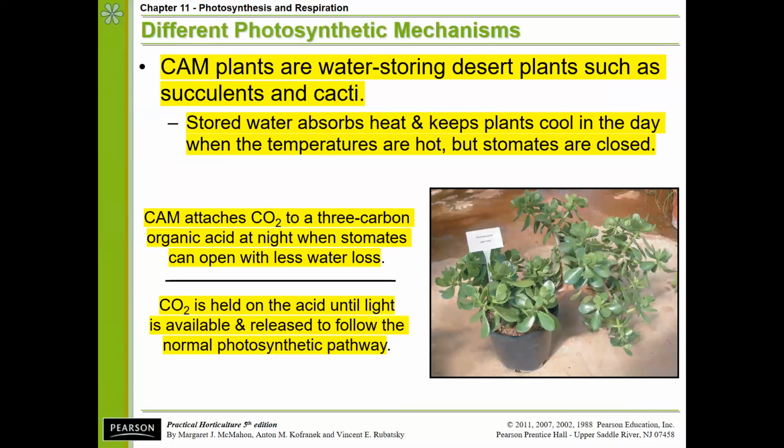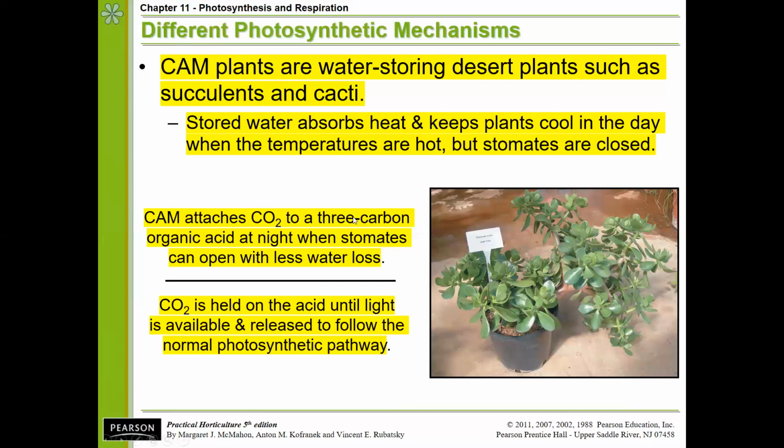The other pathway is known as the CAM pathway, and we often see this in desert plants such as succulents and cacti. They take stored water to keep the plant cool in the day, and instead they often are respiring at night, so that they have less water loss.